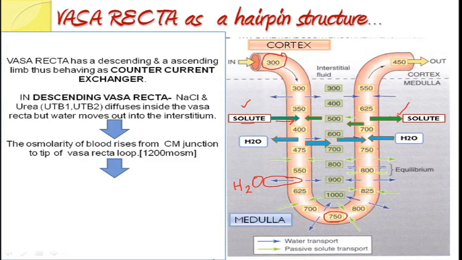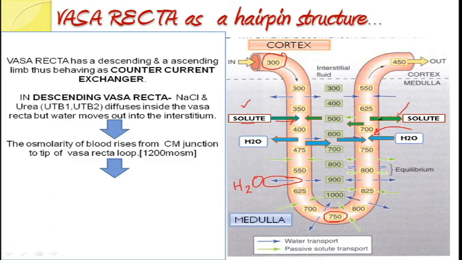The deep inner medulla is very hyperosmolar, and as the capillaries move out toward the cortex, the osmolarity gradually decreases, so the solute moves out, and there is a movement of water into the vasa recta.